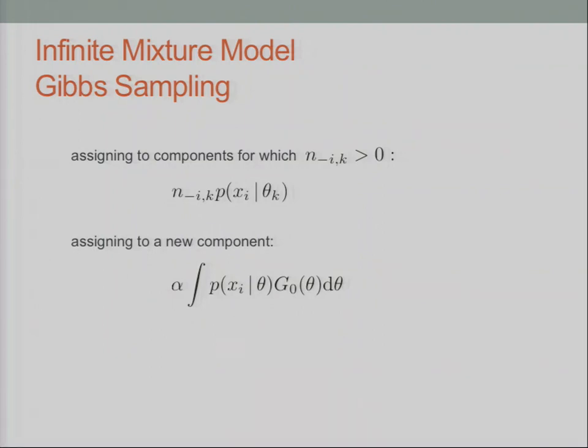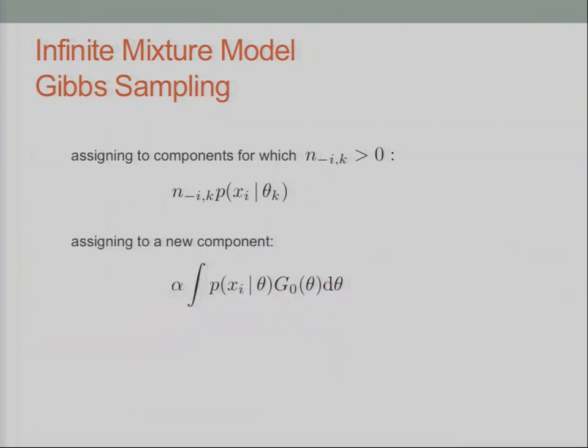So we can do this for the components that have data associated with them because they already have some parameters that are assigned to them. And we need to do this. We need to integrate out these parameters because there are infinitely many of them, and we cannot, physically, consider being assigned to every one of those infinitely many cases, right?